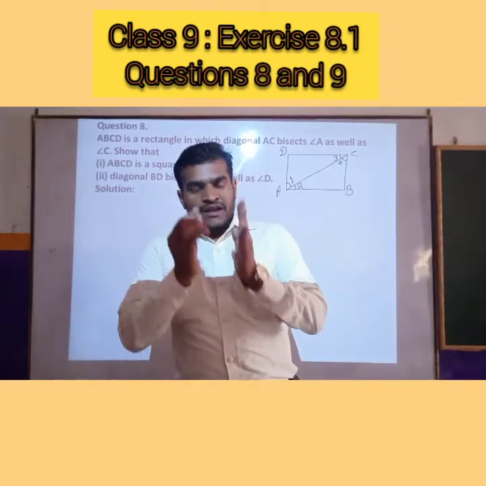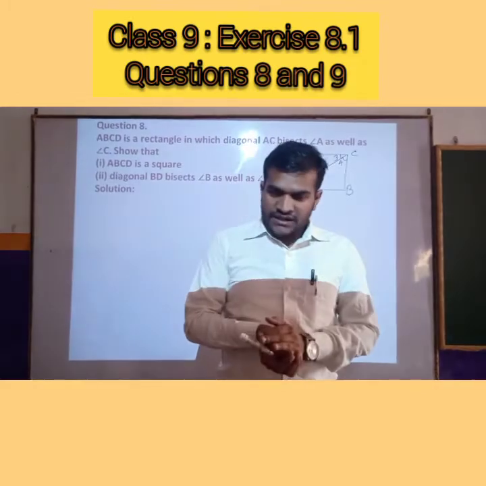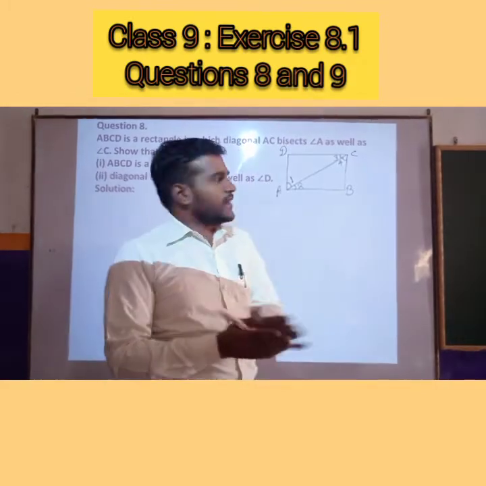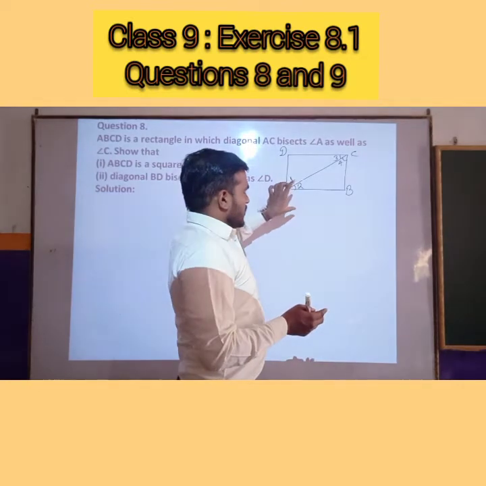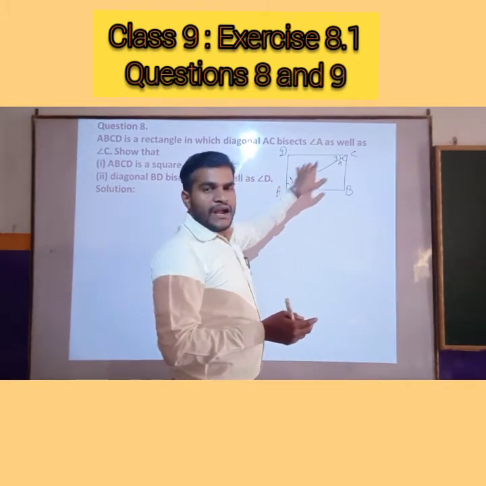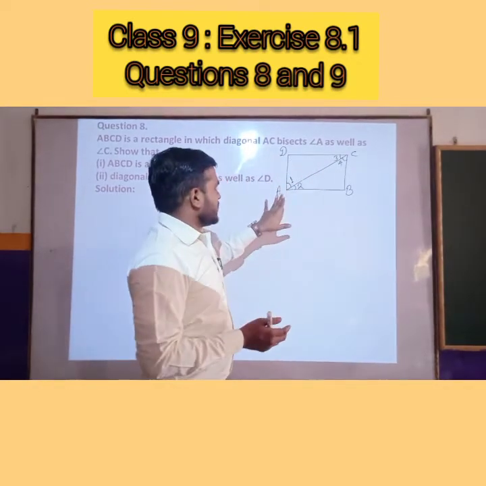A quadrilateral which is a rectangle, its diagonal AC bisects angle A and angle C.